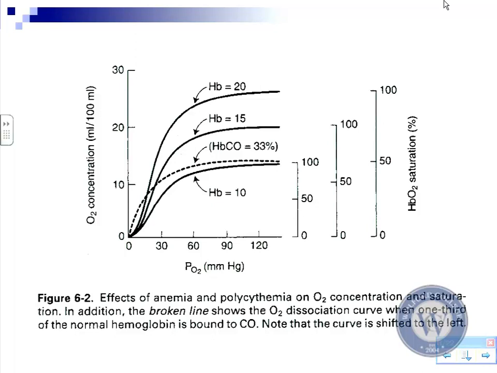You can see the saturation is still remaining 100% at the top of each one of these curves. But the ability for your oxygen to carry, concentration-wise, they flipped it on this example, is going down as you become more anemic. And this is what happens in the operating room all the time. When patients begin to hemorrhage, your oxygen carrying capacity begins to fall.